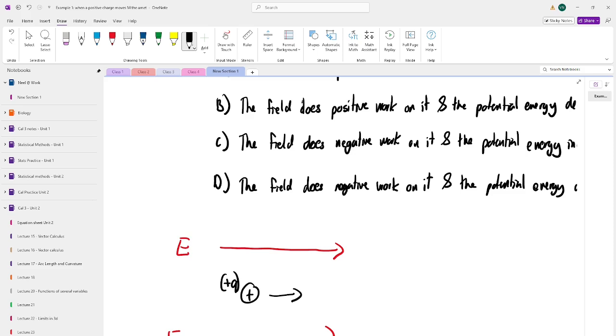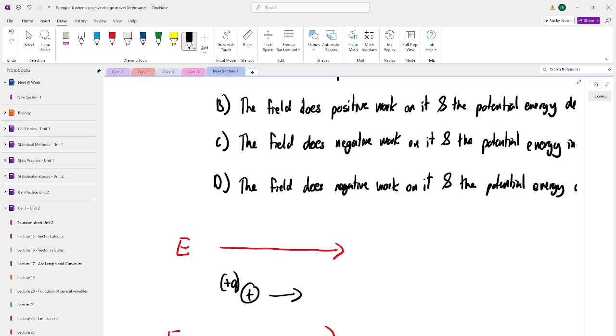Because I'm moving in the direction of the electric field with a positive charge, I'm moving in the direction that I'm experiencing the force, right? Because of course the E field lines point in the direction that a positive charge will experience that force. So I'm moving in the direction that I want to move. So the field is doing positive work on the positive charge.